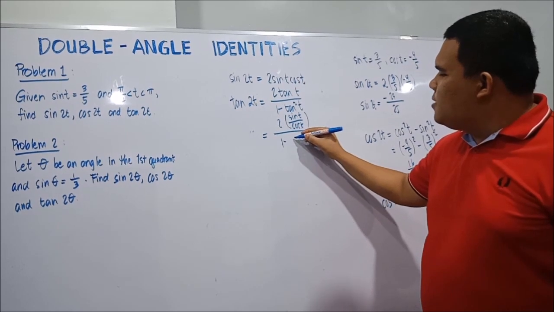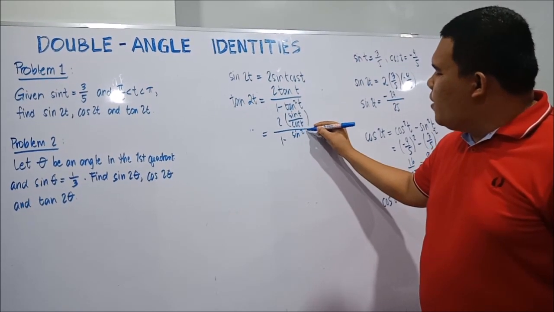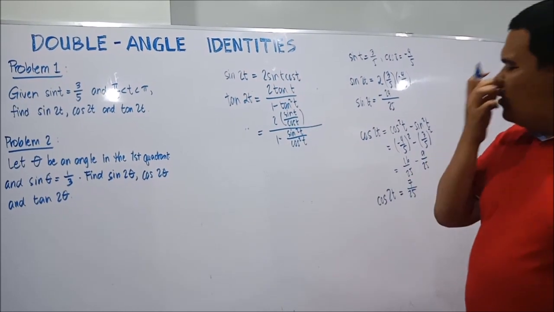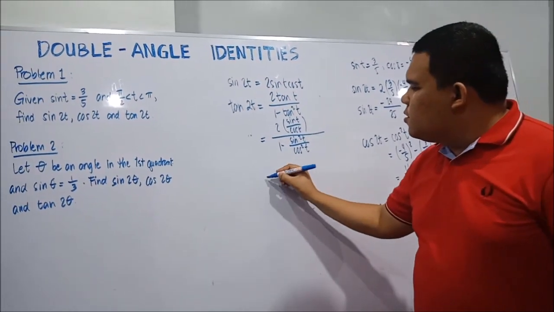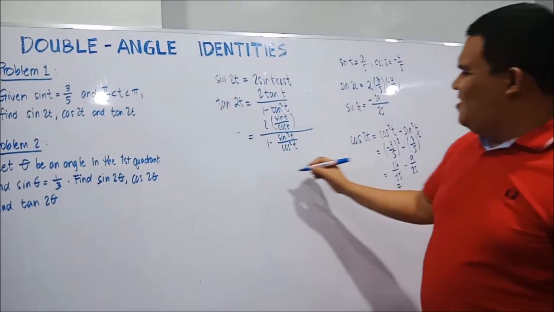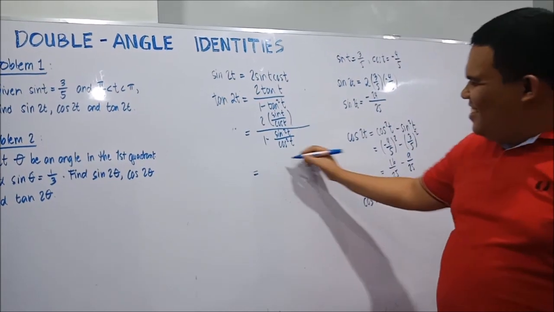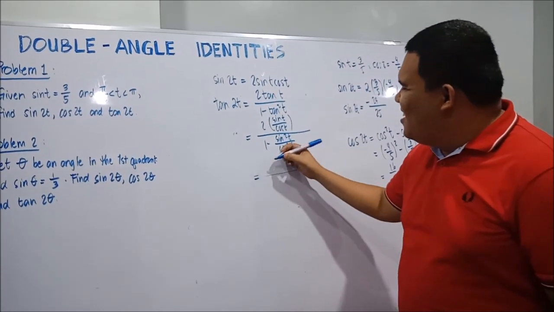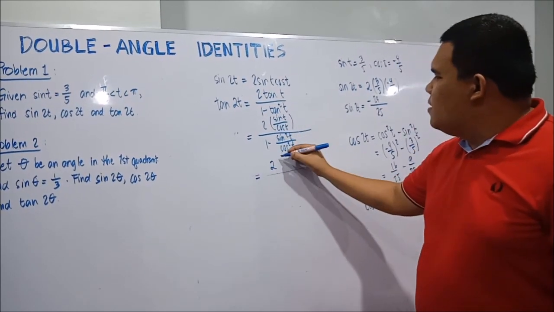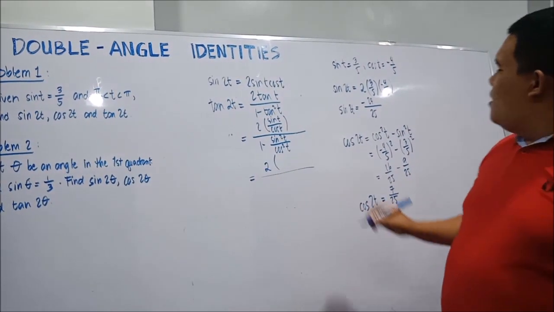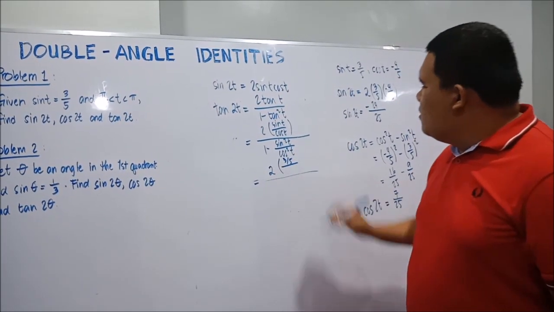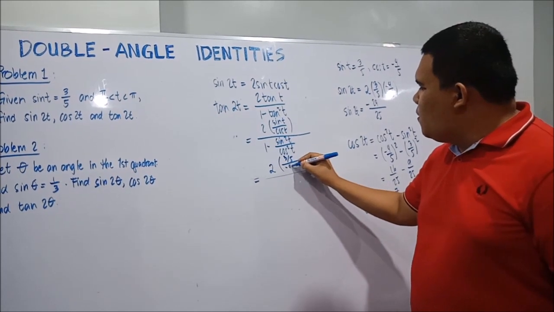Here, we can write this as sine squared t over cosine squared t. So it gets a bit complicated, but we can manage. We have a 2 here, then sine t, which is 3 over 5, divided by negative 4 over 5.